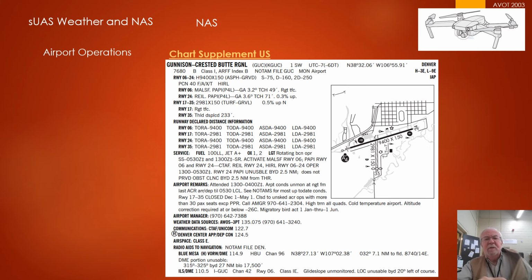Gunnison, Crested Butte, Denver area, right-hand traffic, runway 17. Airport remarks, airport conditions unmonitored at night. Okay, closed. Migratory bird activity, January through June.